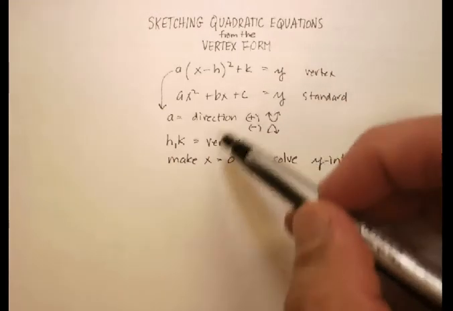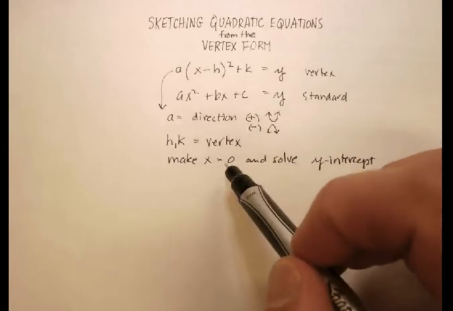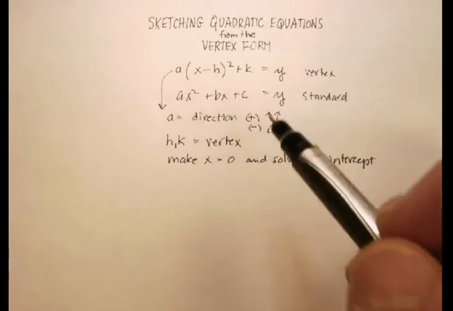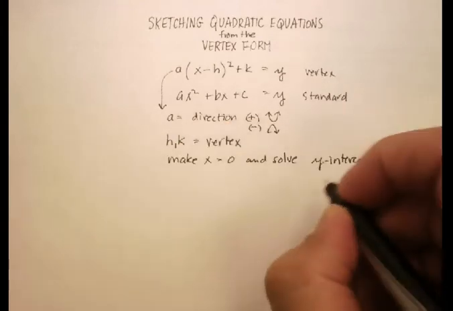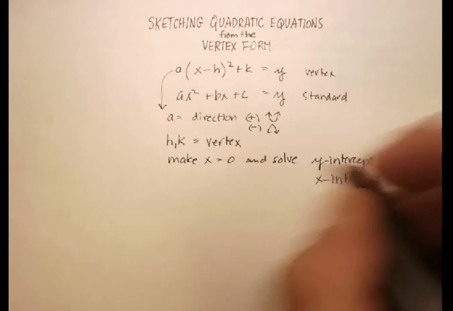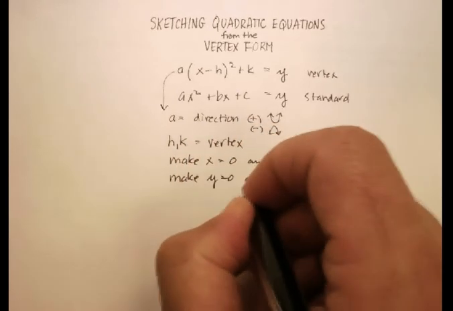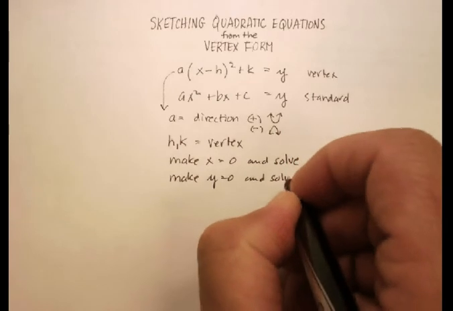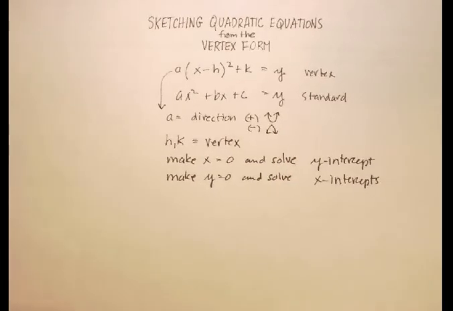Okay, and then from these things, we can also find the x-intercepts, that's where y is equal to 0. X-intercepts: make y 0 and solve. Okay, so let's go through a demonstration of this and see how we could actually make it work.